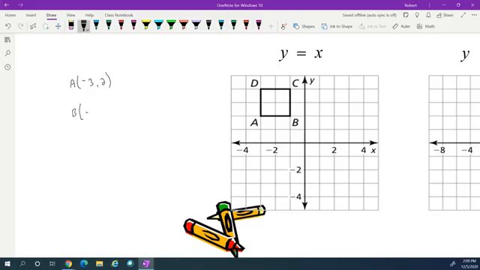B is at -1, 2. C is at -1, 4. And D is at -3, 4. Those are my original points. My line of symmetry is y equals x.